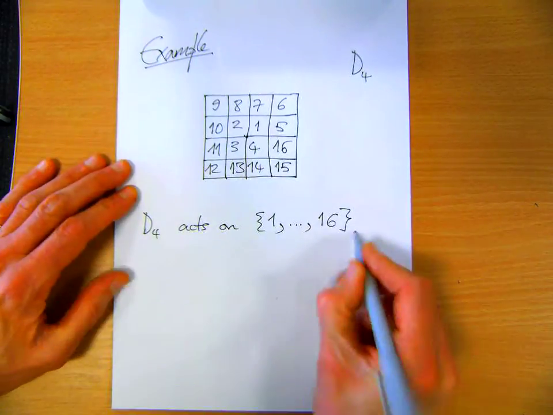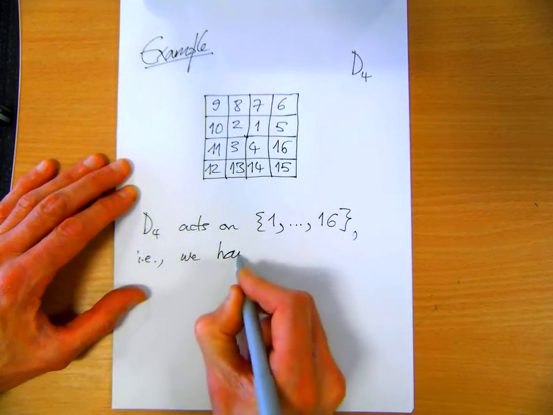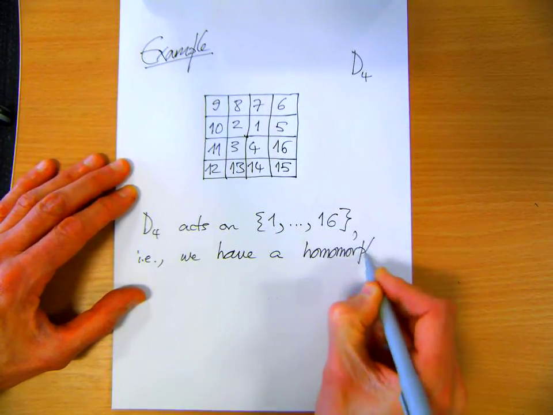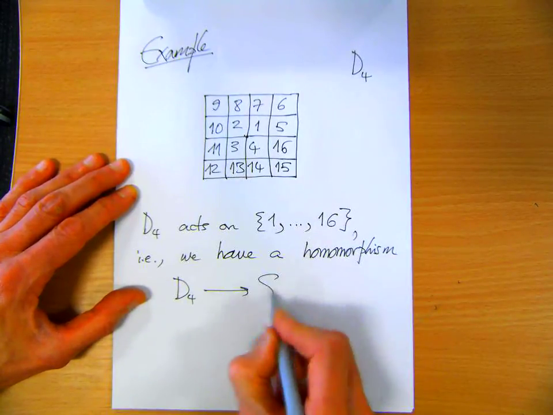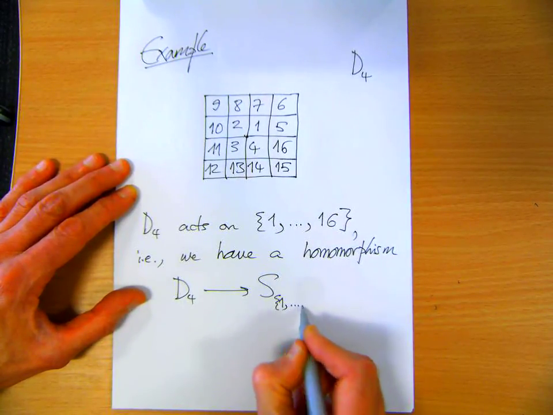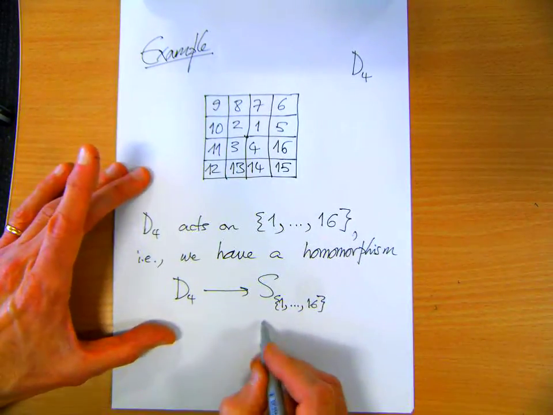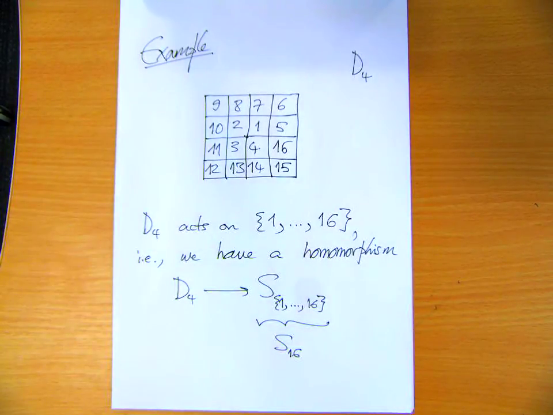So another way of saying this, we actually have a homomorphism from D4 to the symmetric group of this set, and of course we'd usually call this S16, which is quite a big group.